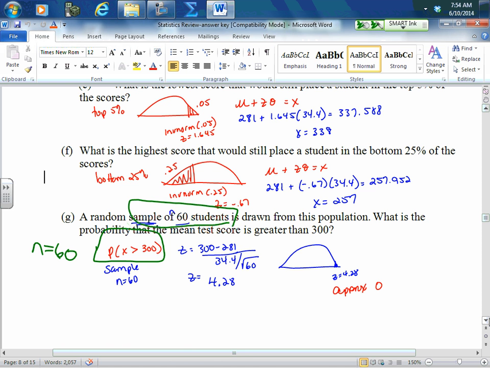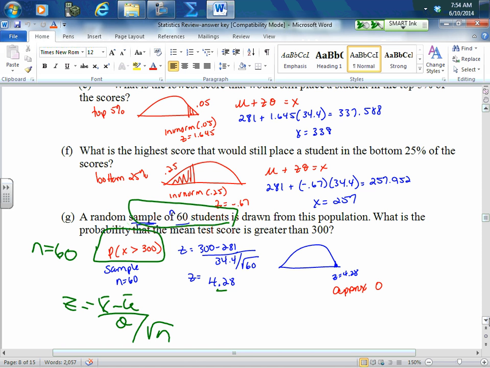So instead of using my population formula, I have to use the one with my sample: x minus the mean over the standard deviation divided by the square root of n. I plug it in and I find my z-score.